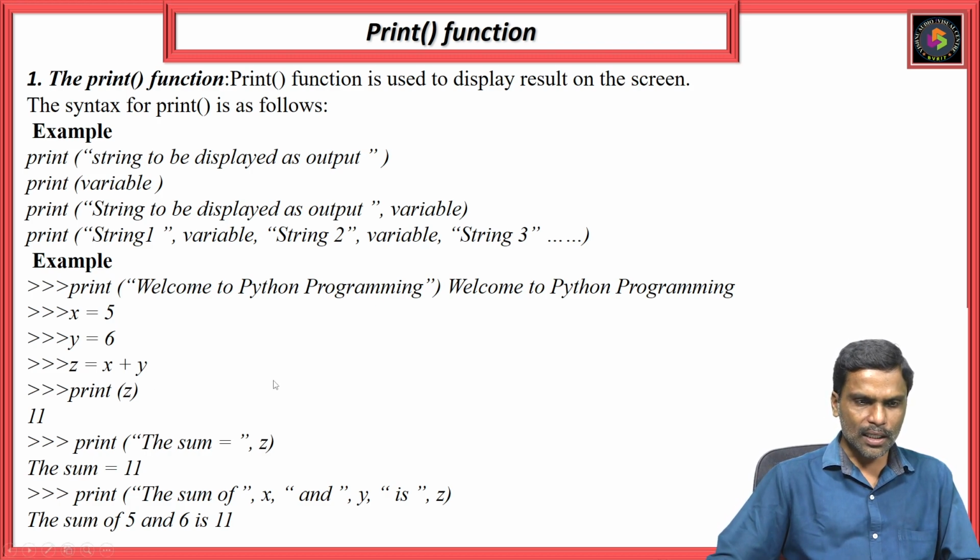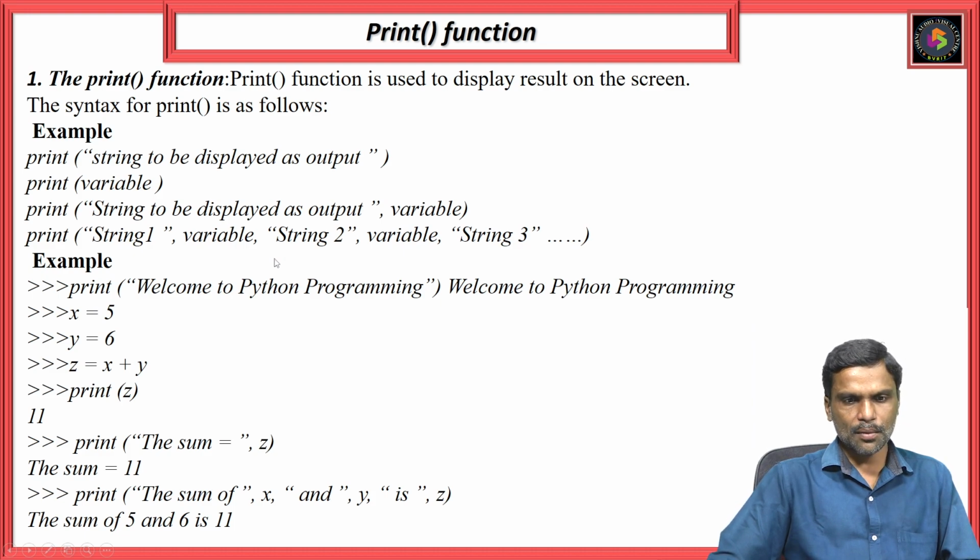The second thing I told you is string as well as variable. For example, print sum, where sum is a string and z is a variable. Print sum z: we know z is 11, so the same thing will be printed here. Sum is equal to 11. This is the output.